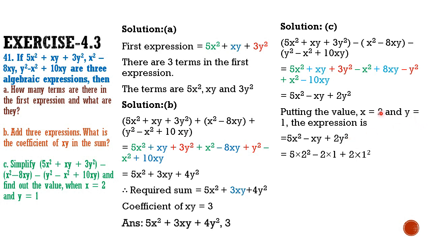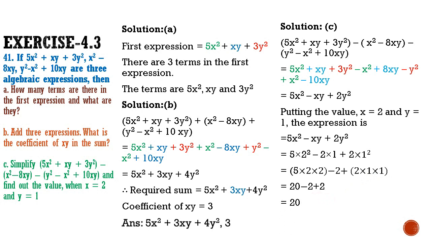Now 2 square, that means there are 2 in here, minus 2 multiplied by 1, that would be 2, plus 2 multiplied by 1 because of square. And if we multiply 5 2s are 10, 10 2s are 20, minus 2, plus 2 1s are 2.